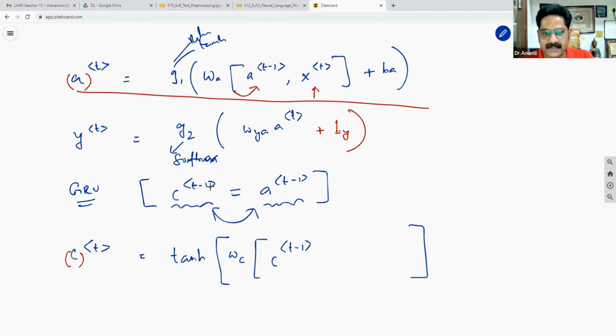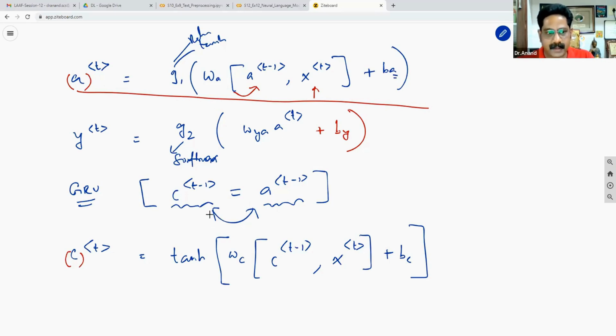Already I told you, C T minus 1 is equal to A T minus 1, just like your regular RNN. And your X remains same. Your X notation has not changed. X of T, same as this equation, plus bias attached with the A calculation. So we call this B suffix C, the bias attached to the C calculation. Of course, this equation looks the same as this, only the notations are different.